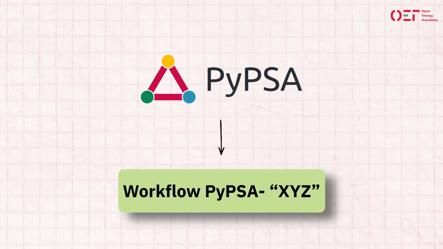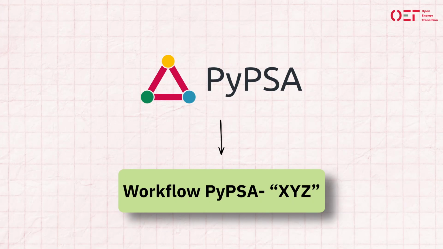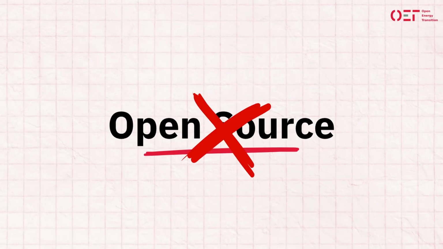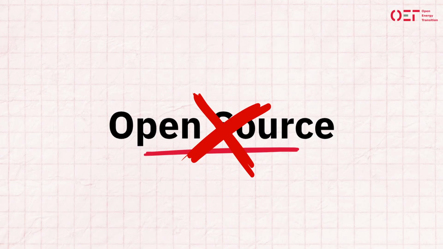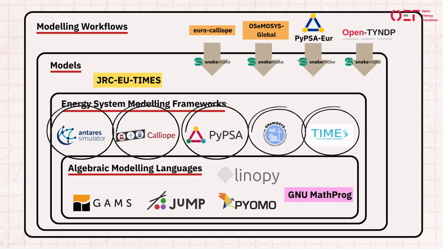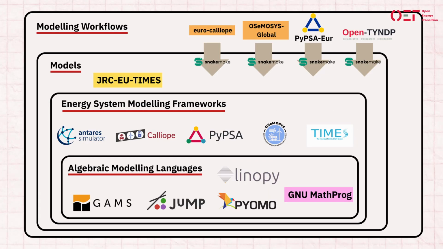But, for example, a modeling workflow could be built on an open source framework like PyPSA, but if the code, data processing, and constraints are kept private, it would not qualify as an open source modeling workflow and thus open energy modeling, nor would it be any more transparent than a fully closed approach. Using an open source tool as a foundation does not, by itself, make the resulting workflow open source or transparent.